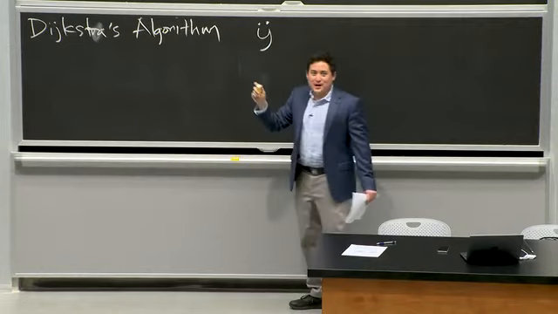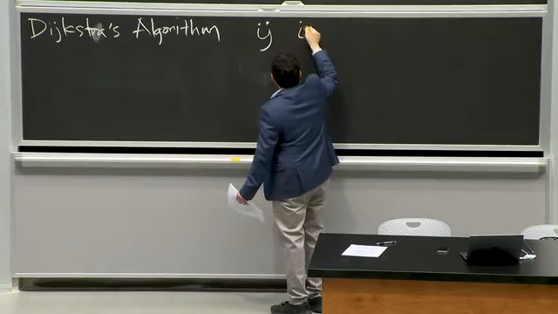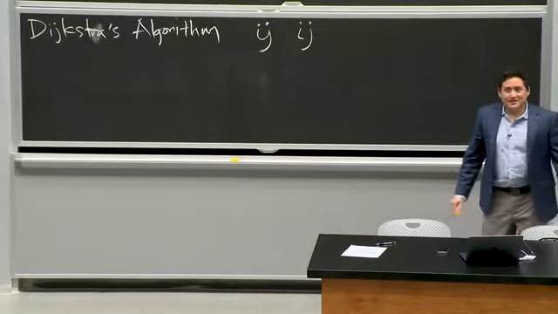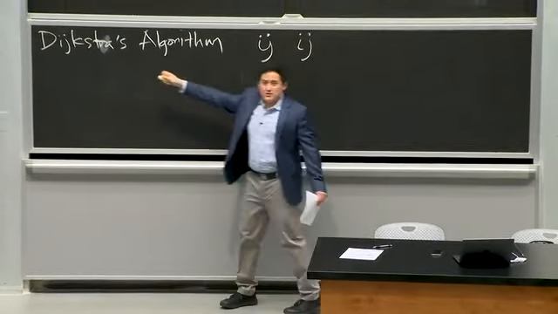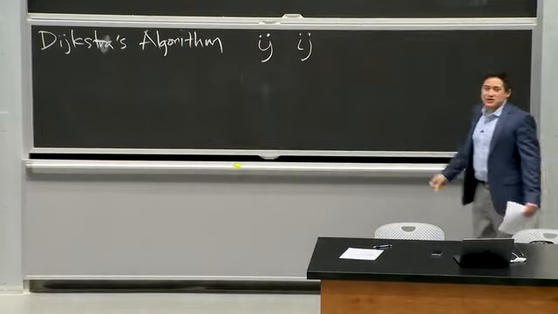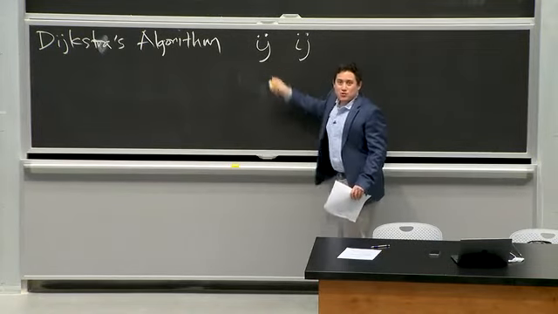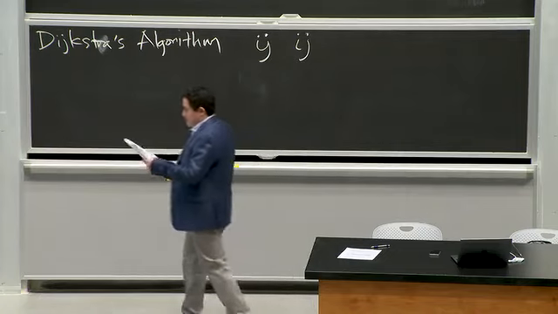But on an English keyboard, this looks pretty similar to an IJ. So in a lot of manuscripts, we write it as D-I-J. There's no J sound in Dijkstra. It's coming from this Y here. Okay, so that's an interesting way to remember how to spell Dijkstra.